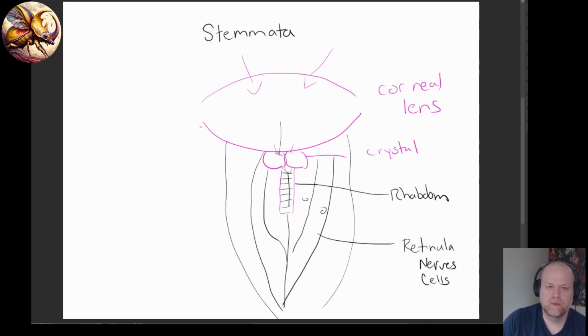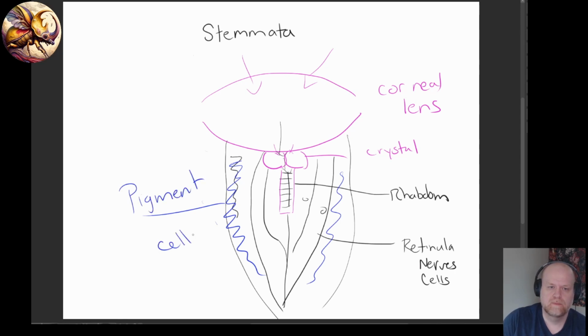Around that, like all eyes do, you'll have some pigment. So let's change to blue. On the sides of all of this, you'll have pigment. So what will happen is that the light comes through the lens, through the secondary crystal lens, and strikes the rhabdome.